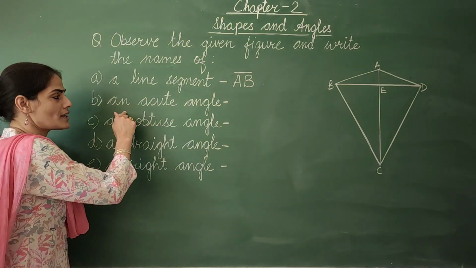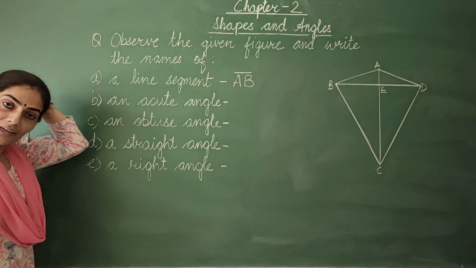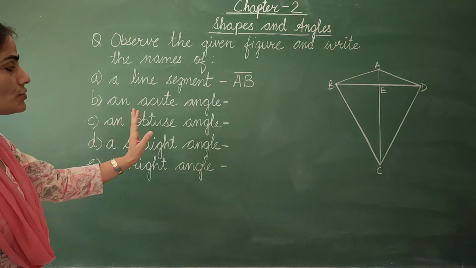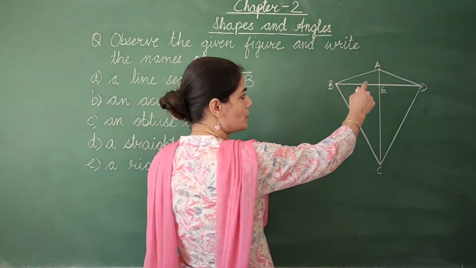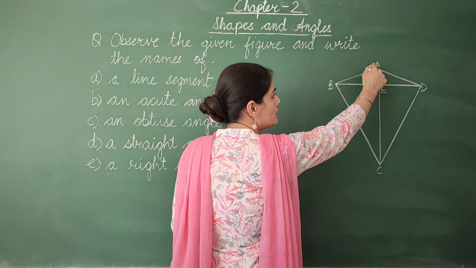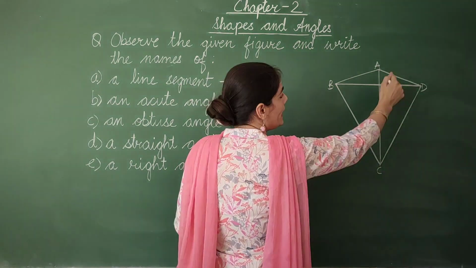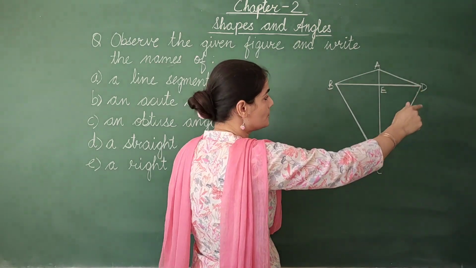You need to mention the name of an acute angle here. There are several acute angles if you observe closely, but you just need to mention the name of one. Let's point out a few here. Angle ABE is an acute angle. Angle ADE also is an acute angle.